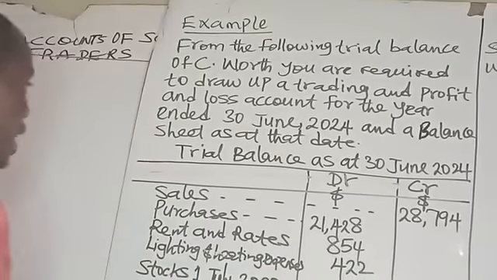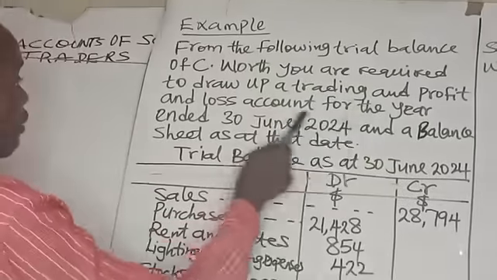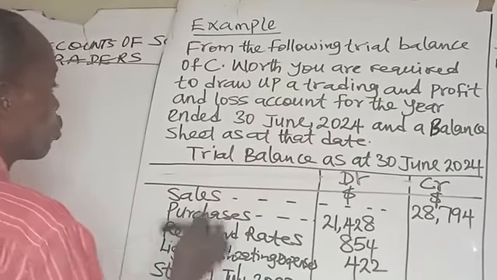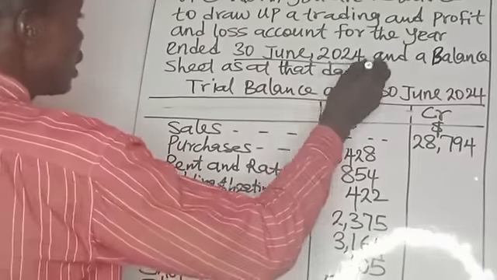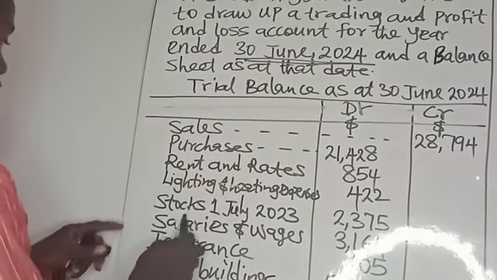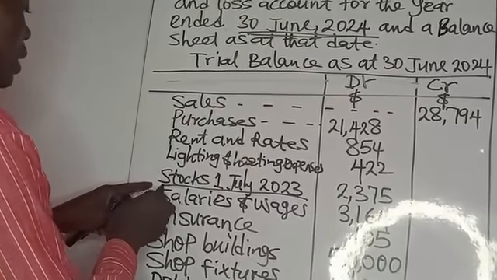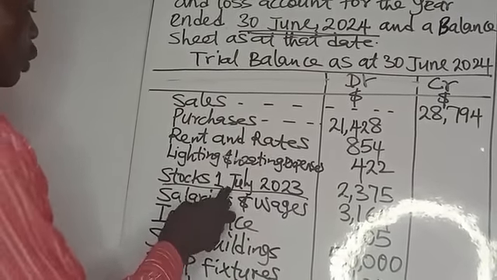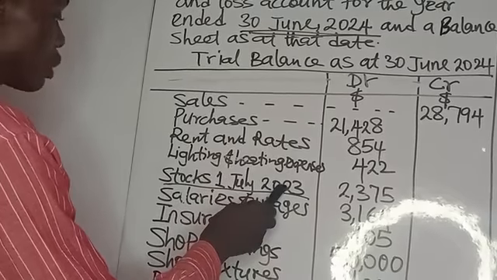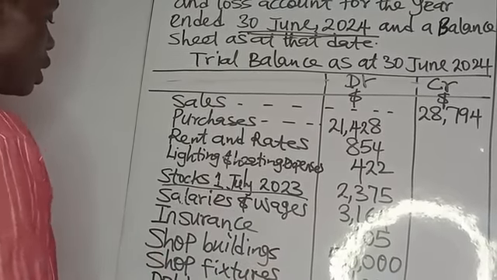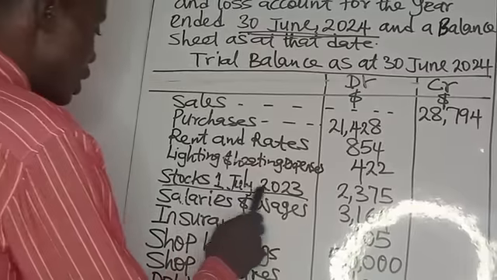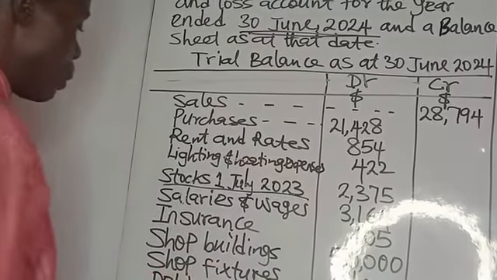And most of the time, the date will be attached. For the year ended 30th of June 2024, this is the year end of the business. But this stock is 1st of July 2023, so it relates to the beginning of the year. The accounting period will run from July 2023 to June 2024, which is 1 year, 12 months. So the stock in the trial balance in 2023 is opening stock.